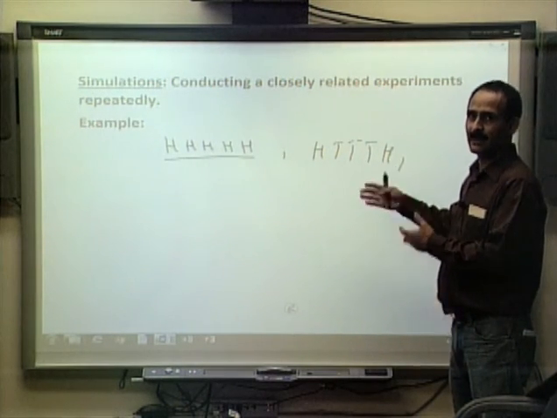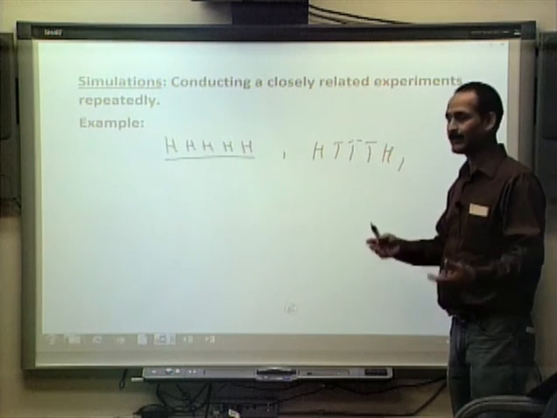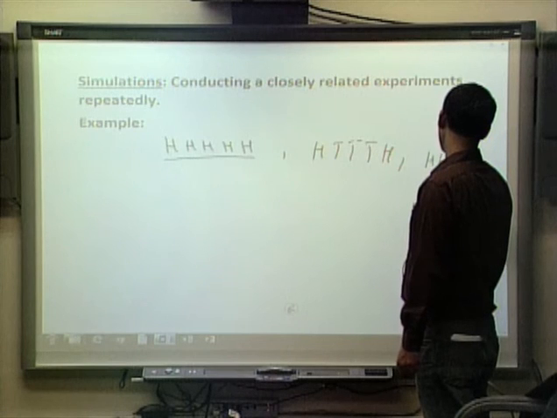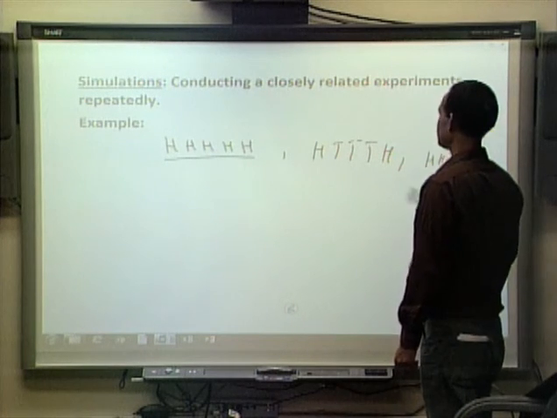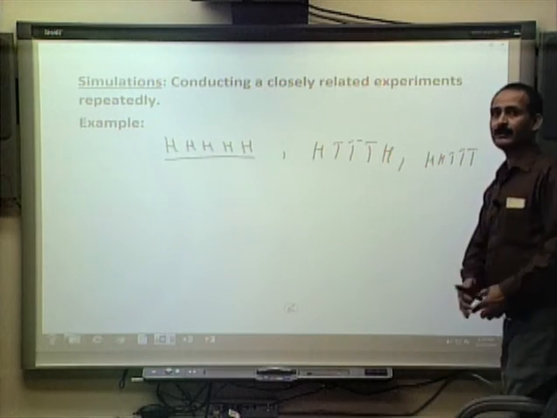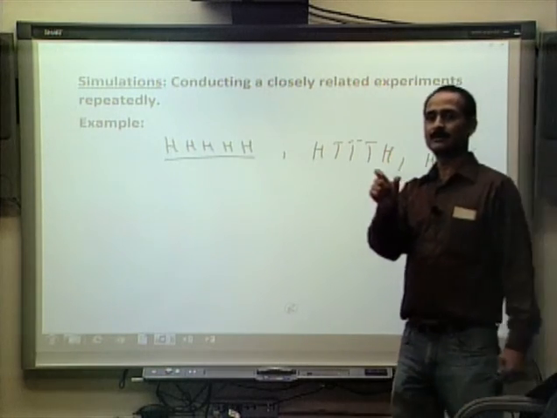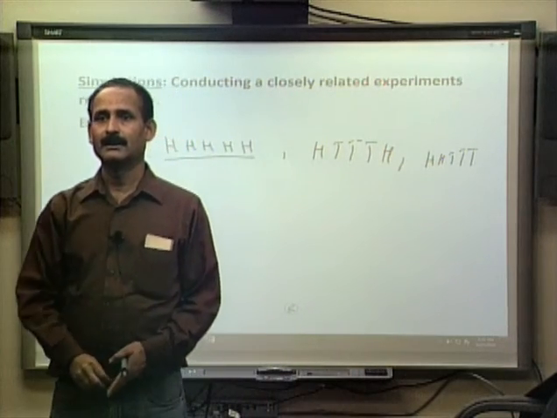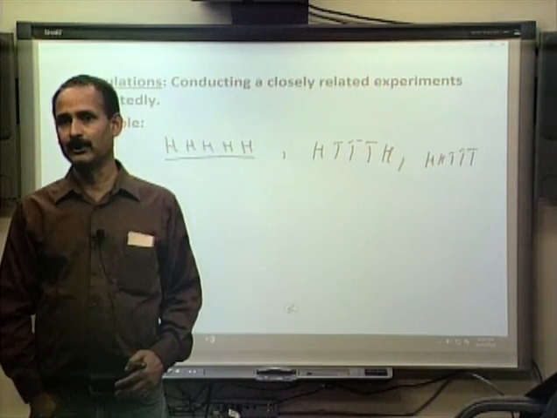Next experiment of tossing the coin 5 times, and I get head, tail. So I am repeating the experiment of tossing the coin 5 times. That is an example of simulation.